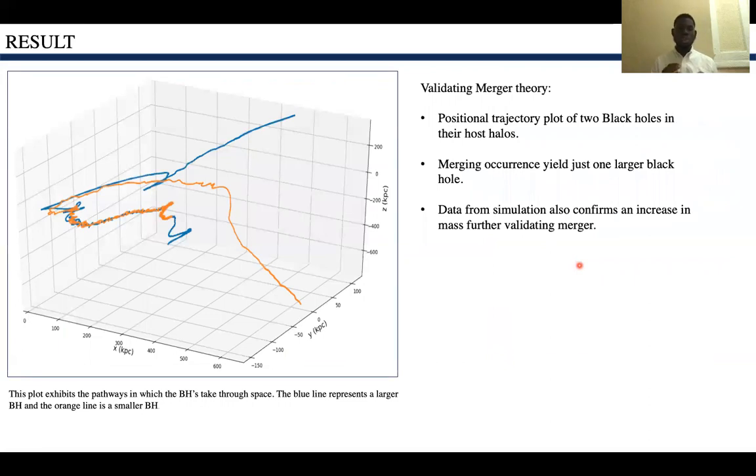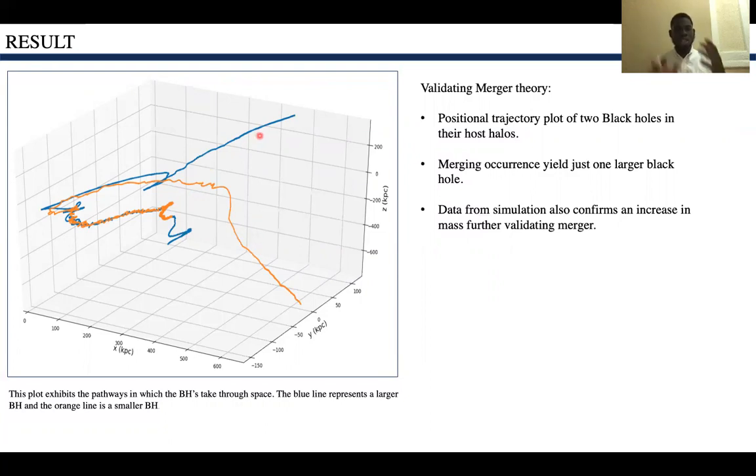So we validated our major theory, because I mentioned earlier that we have stars or particles colliding with each other. And this is a 3D plot which shows the trajectory of two galaxies. The first one has a larger black hole compared to the second one.